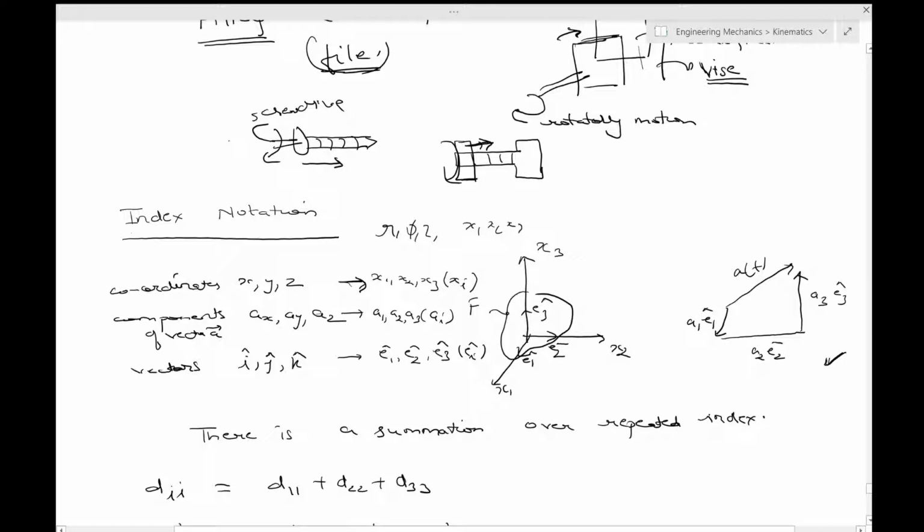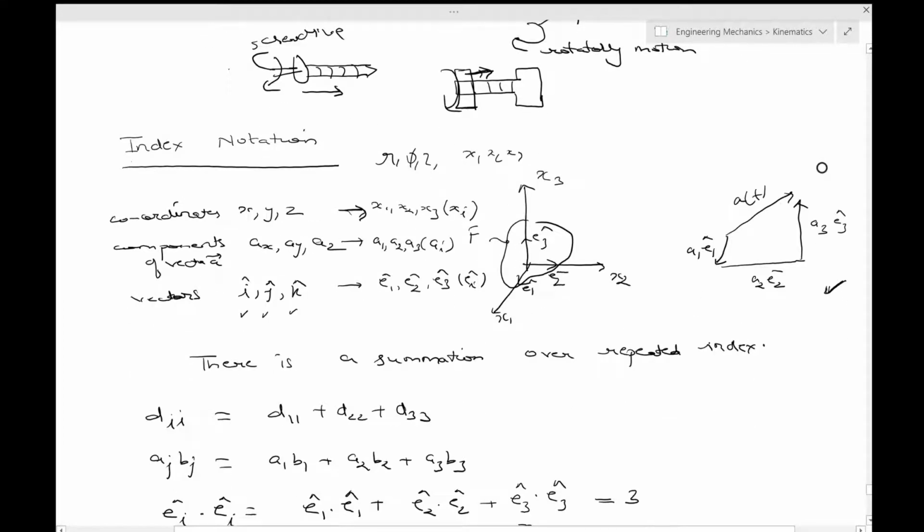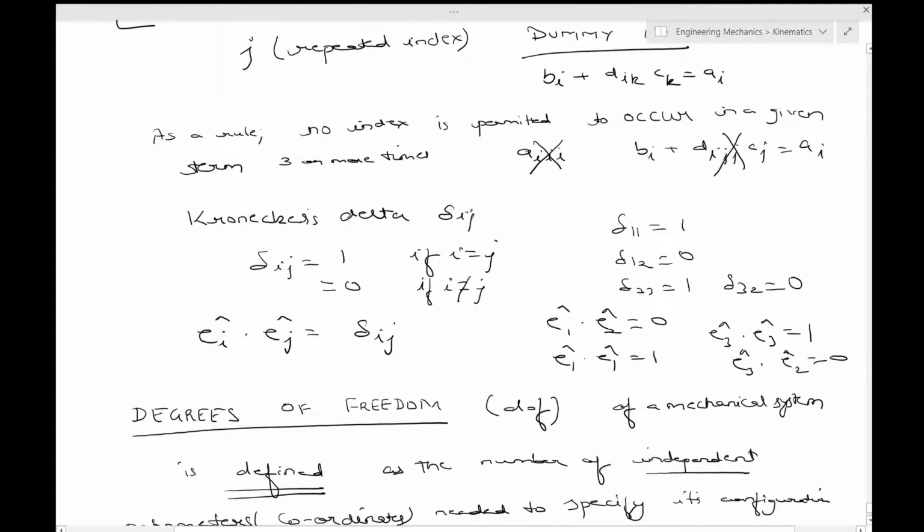Similarly for r, phi, theta it will again become x1, x2 and x3. And e1, e2, e3 remains the same. For example, this would be e_r, e_theta or e_phi and e_z. So it's applicable to all the coordinate systems, not just the Cartesian.